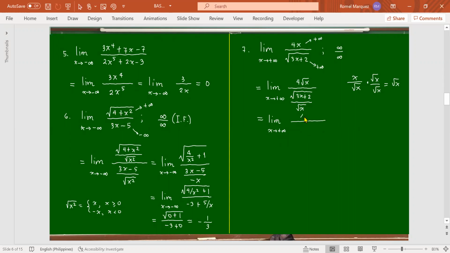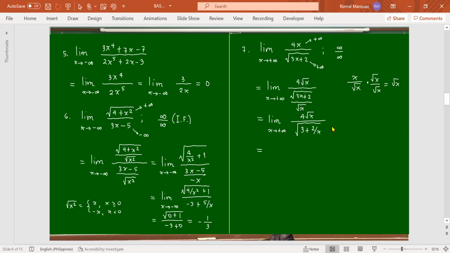So we now have 4 square root of x, but the bottom becomes 3x over x, so that is 3, plus 2 over x, under the square root. The limit of this is 0, but the limit of the numerator is positive infinity.